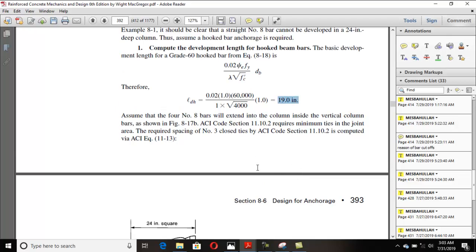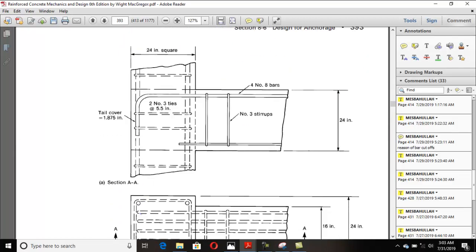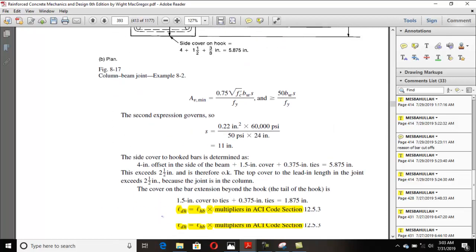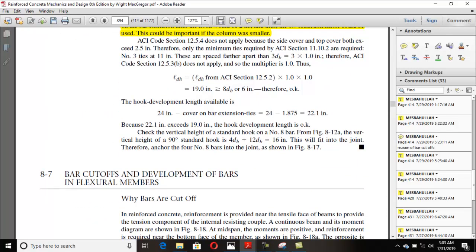So multiply 19 with psi e factor, just multiply it with the psi c and psi e. Psi c is also 1 and psi r is also 1. So 19 inch remains 19 inch.